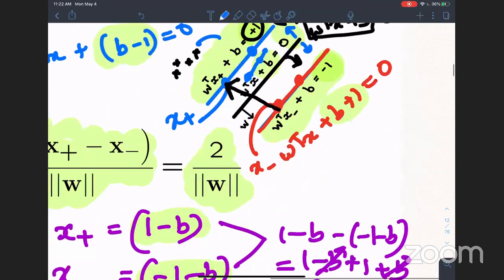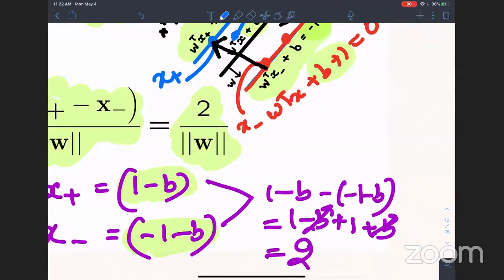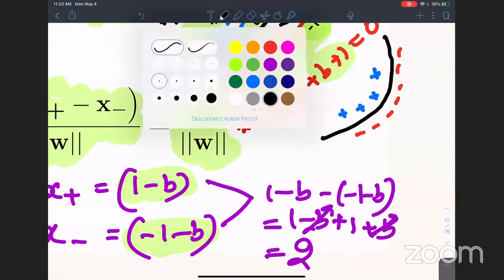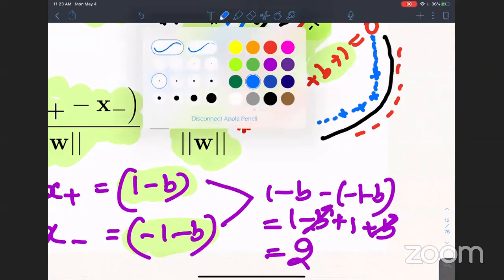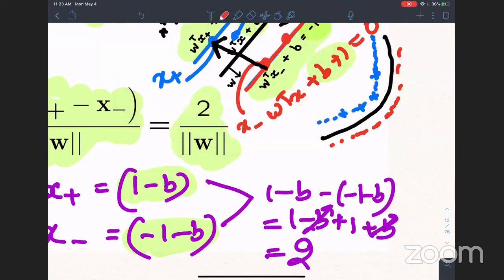No, so this is all linear classifiers. Just be careful on that. I can have points like this in a curve, right? Now in that case, this is my decision boundary and this is my margin, right?